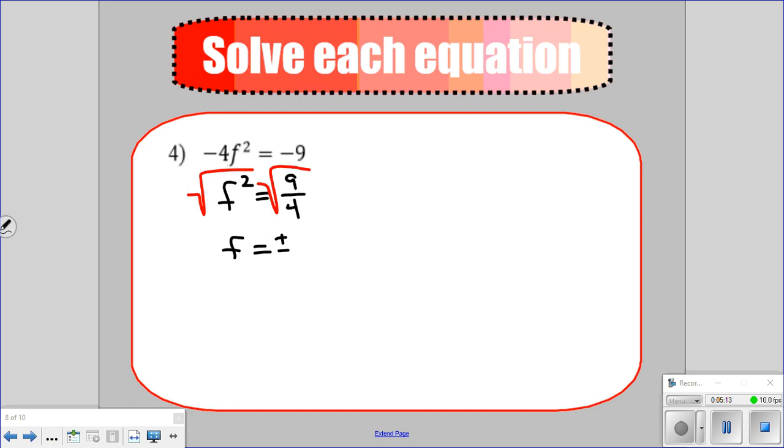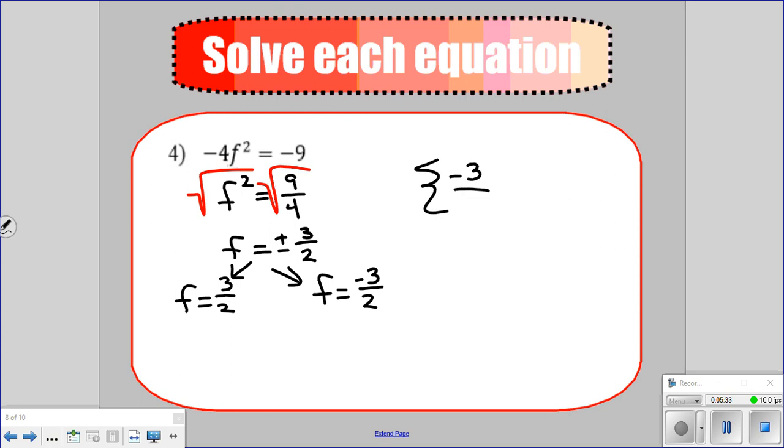The square root of 9 is 3, the square root of 4 is 2. So I have f equals 3 over 2 as my positive version. My negative version is f equals negative 3 over 2. So my two answers are negative 3 over 2 and 3 over 2.